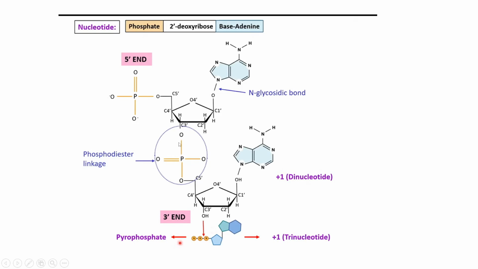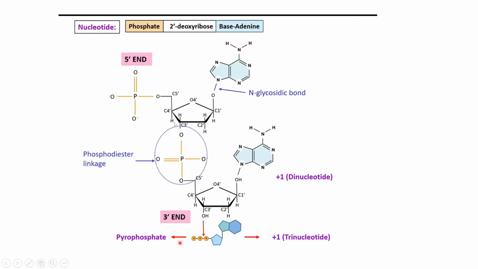So the phosphodiester linkage is formed by the 5 prime position phosphate of the incoming nucleotide and the 3 prime position of the already present nucleotide.